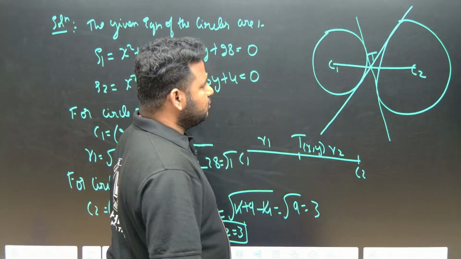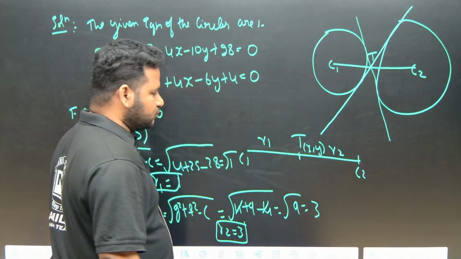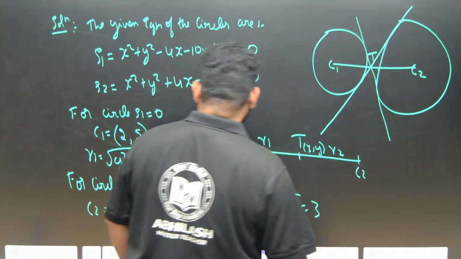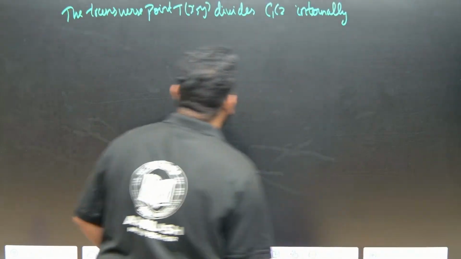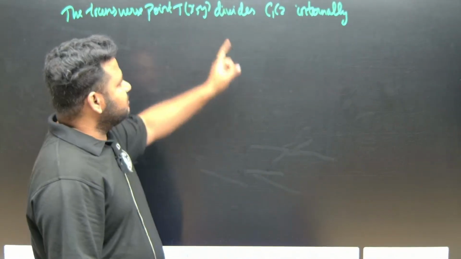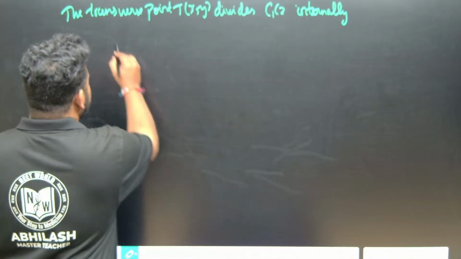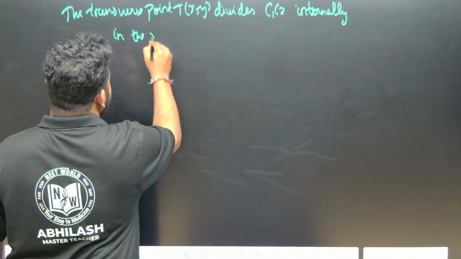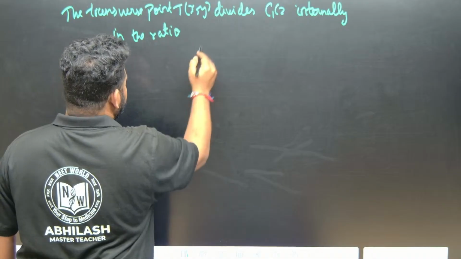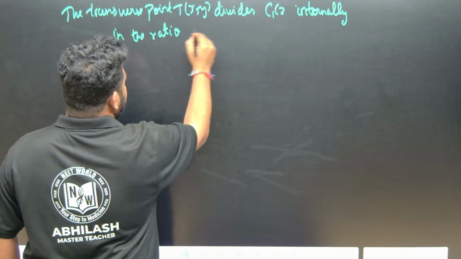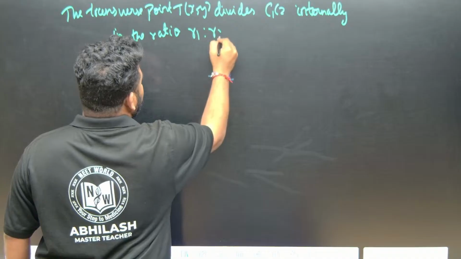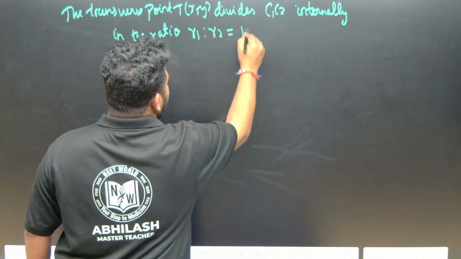C1 C2 will be equal to R1 minus R2 only. Otherwise directly I am writing, it divides C1 C2 internally in the ratio R1 is to R2, that is 1 is to 3.